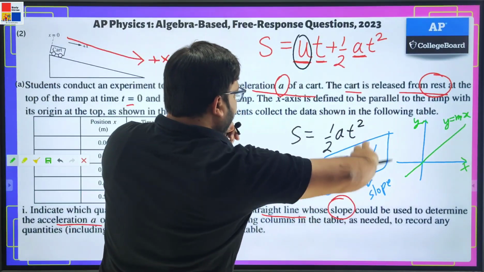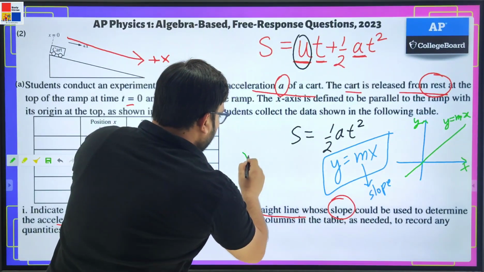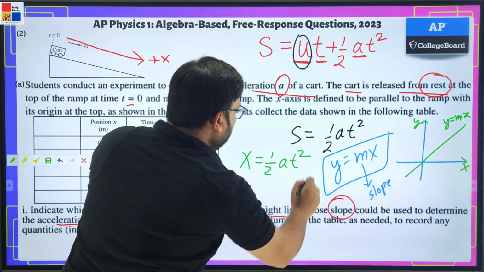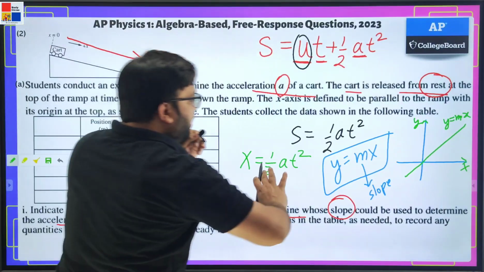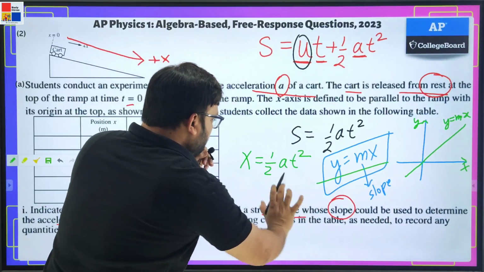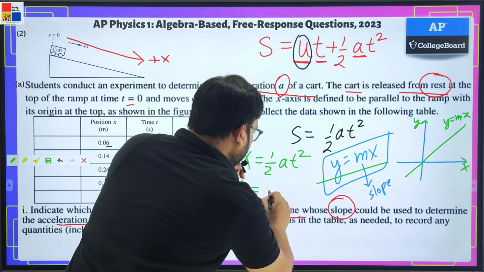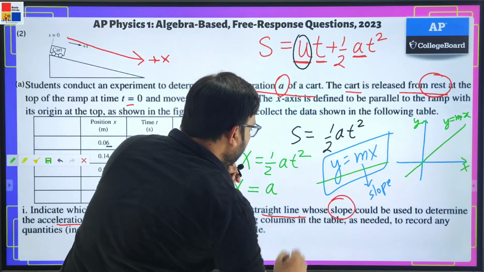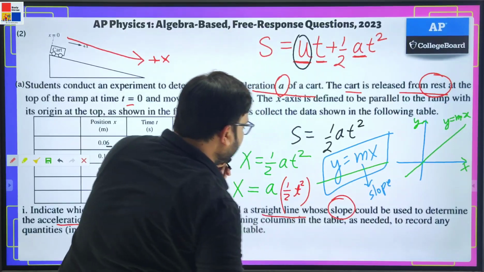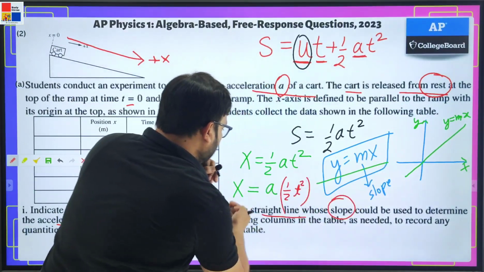So if I need a straight line graph for this situation, I can say x equals half times a t square. I want a straight line, a graph like this. What I'll do is make a the slope. This thing, half t square, I'll treat as my independent variable.